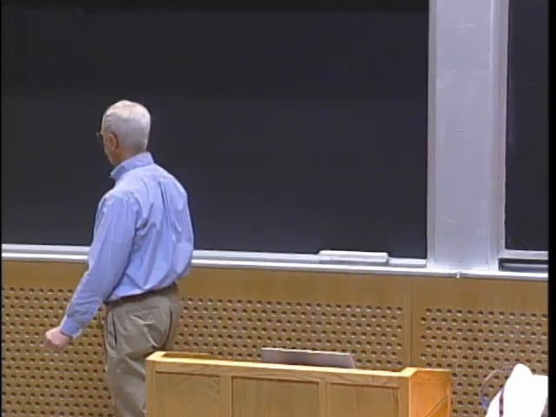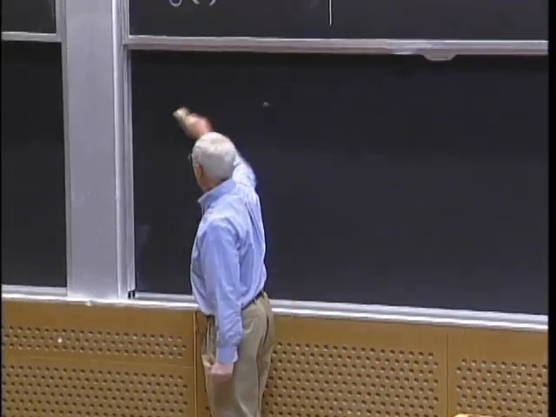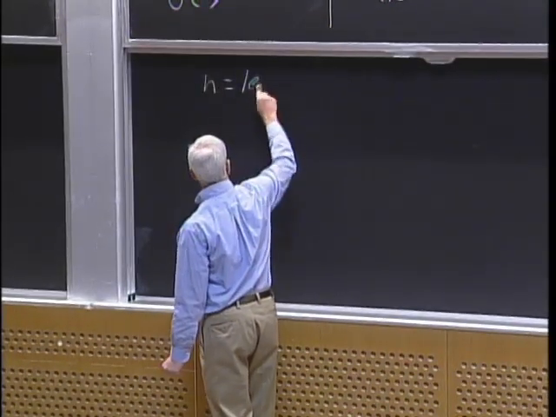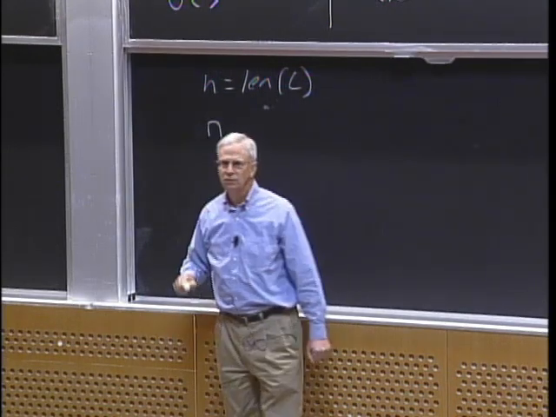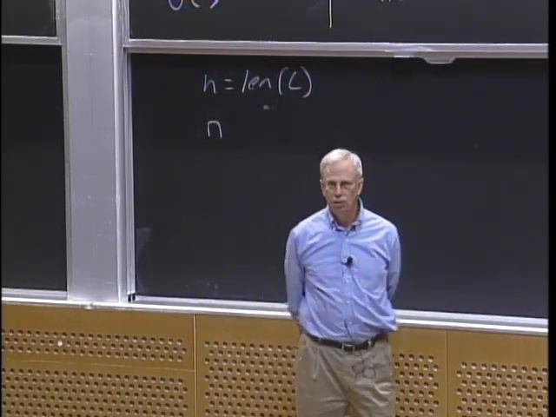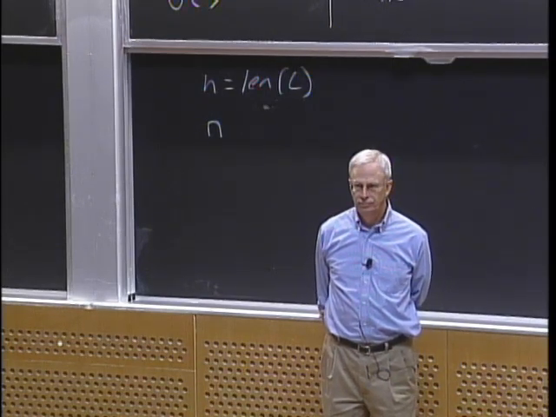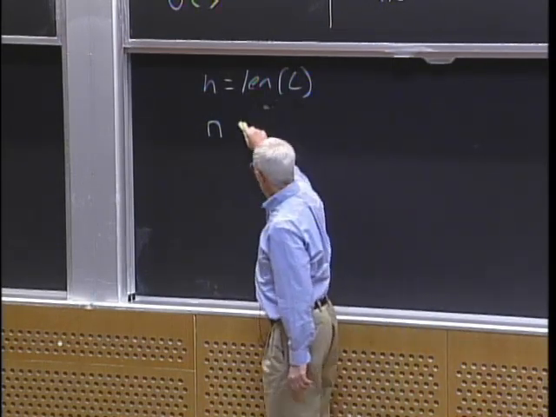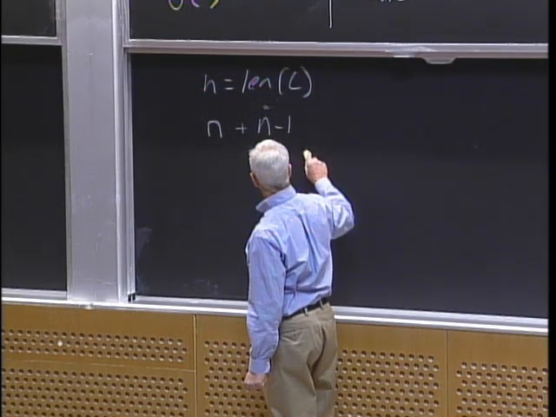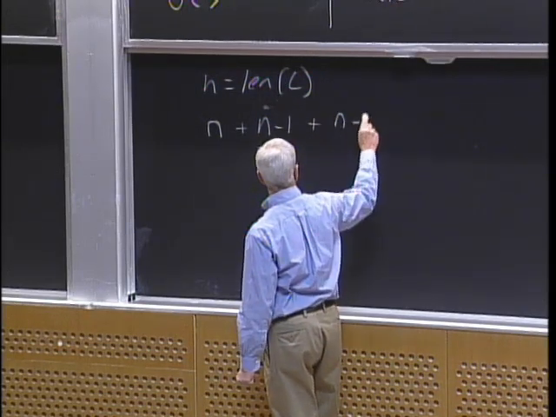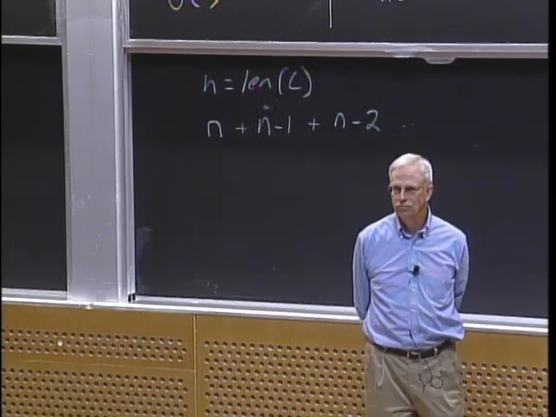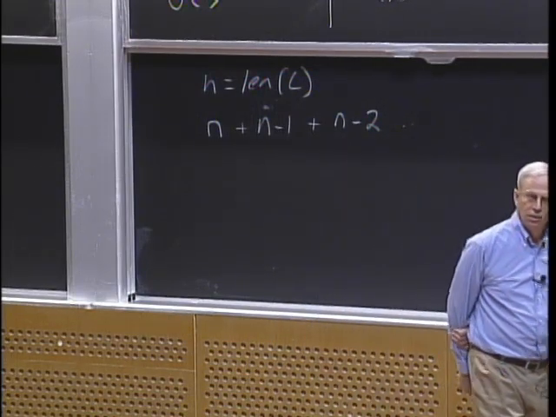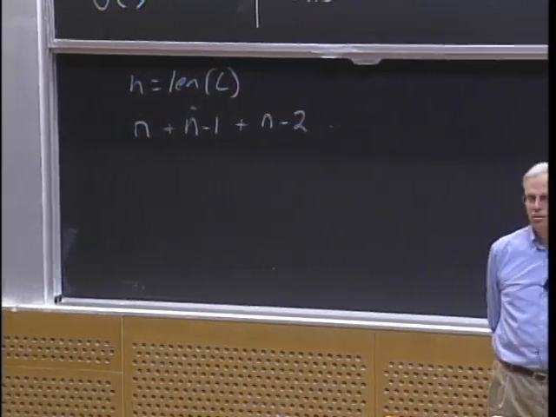So the first time through, let's just say n equals the length of the list, I'm going to look at n elements. Then I'm going to look at n minus 1. Then I'm going to look at n minus 2, until I'm done, right? So that's how many operations I'm doing.